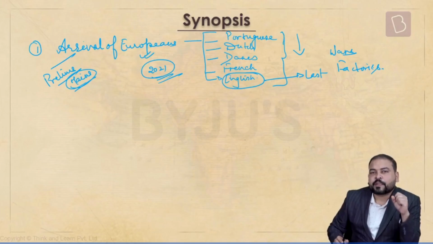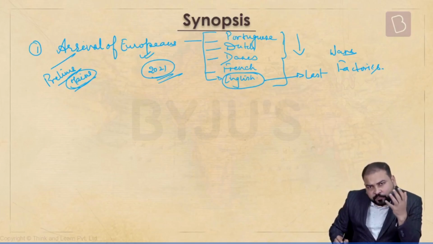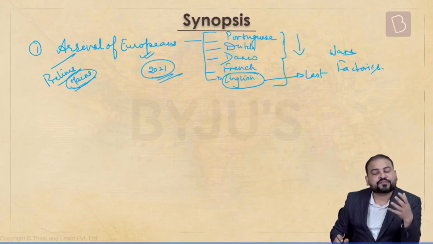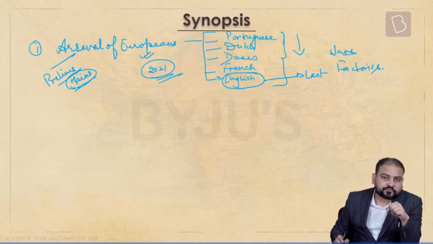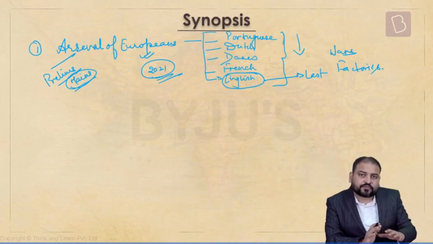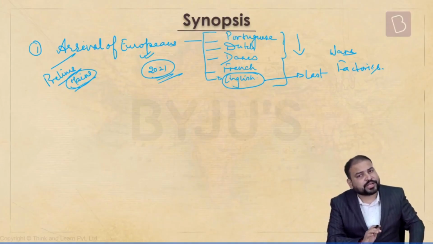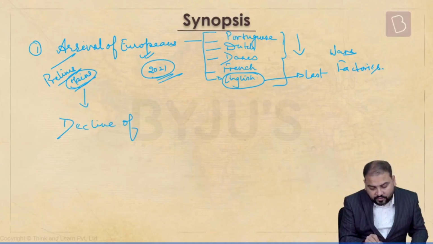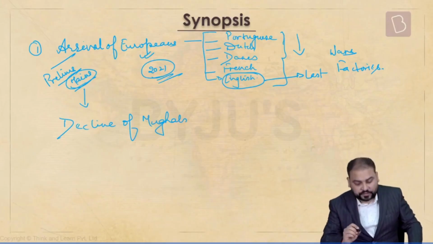Now understand here. When these Europeans came to our country, definitely somebody would have been ruling. So basically here, once we have seen the arrival of the Europeans, we shall enter into a chapter that is basically the decline of Mughals.